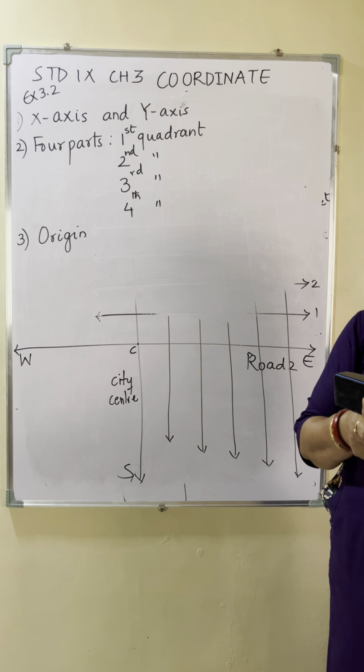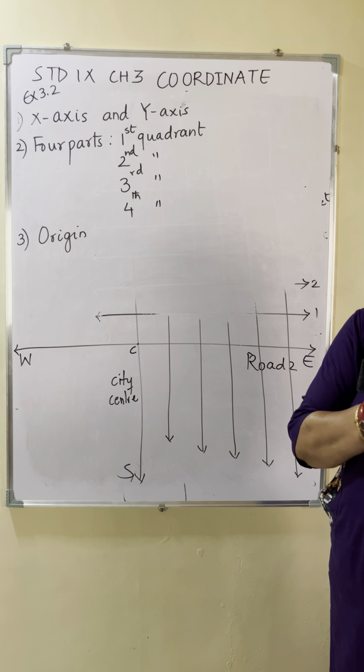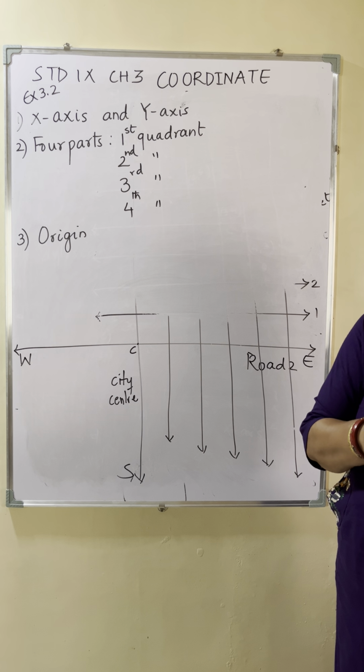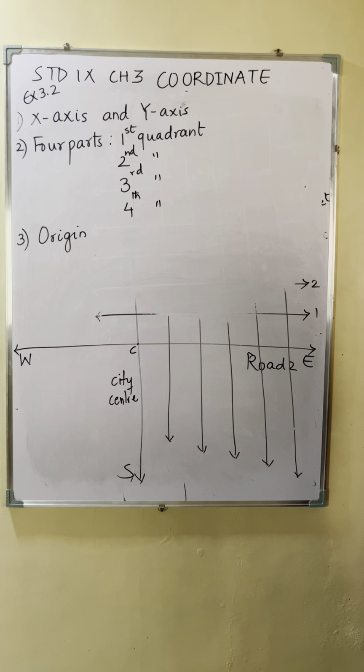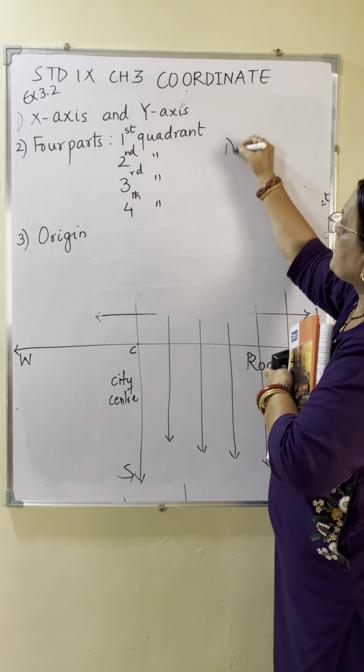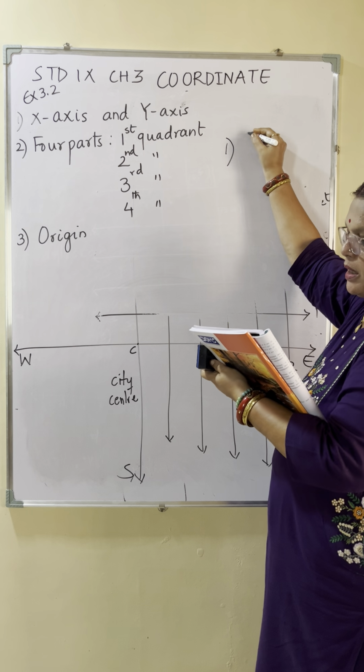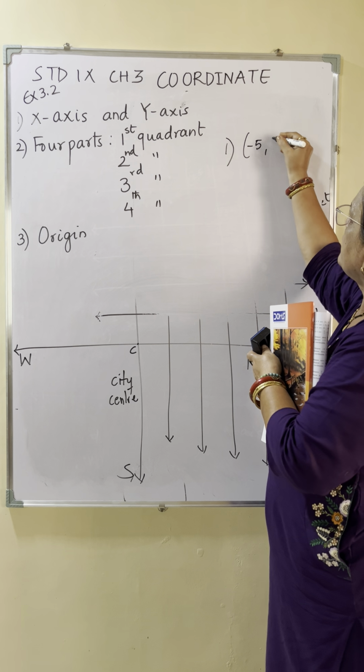See the figure given below and write the following. Let's look at the figure a bit. X-axis, y-axis, it is given in the textbook. Points are given. Only thing we have to write down the coordinates of the points asked. The first one is coordinates of B. So coordinates of B are -5 and 2.